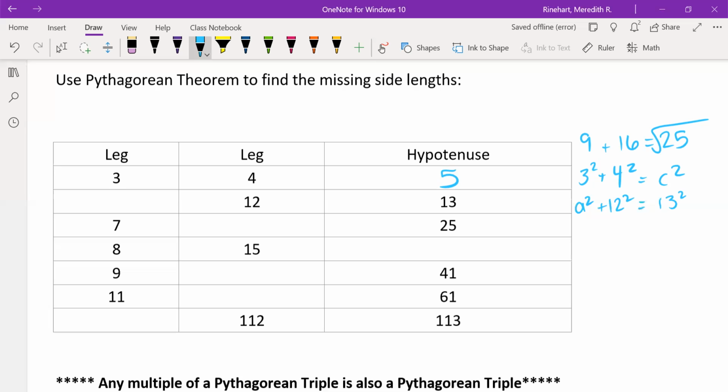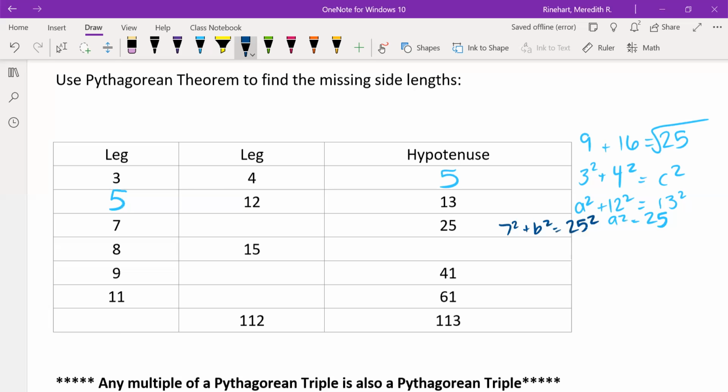And then we're going to subtract from that 12 squared, which is 144, and we get 25 here. A squared equals 25, which means a equals 5. So 5, 12, 13. On to the next one, we've got 7 squared plus b squared equals 25 squared.